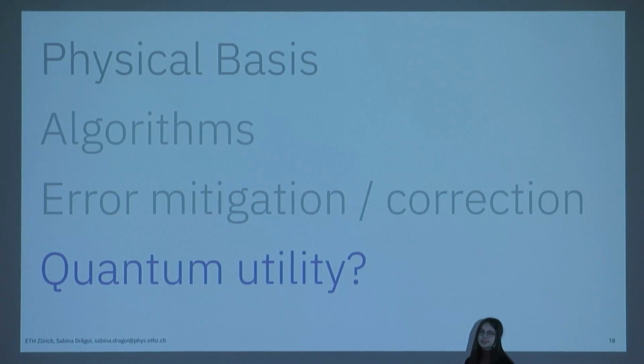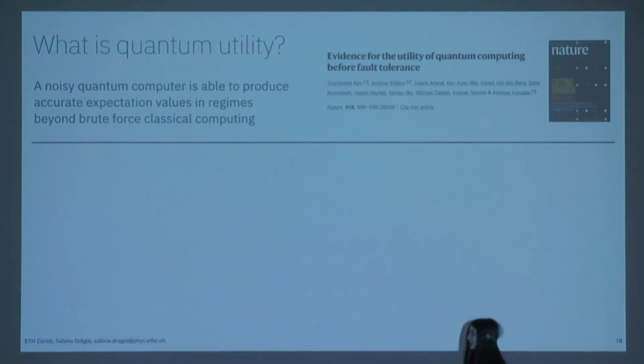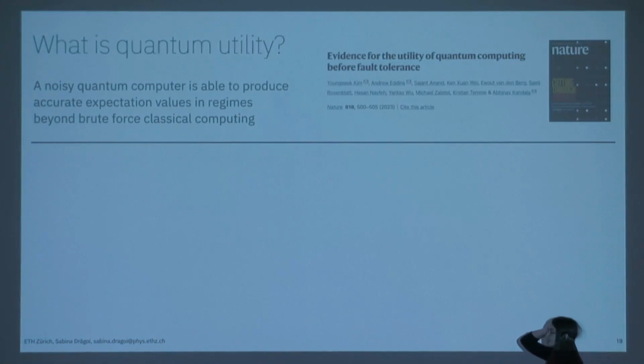Cool. So I think we're ready to talk about quantum utility. I think I have it up a bit much, because the conclusion is not going to be exactly what you would probably want. So what is quantum utility? You might have heard in the past 5 years or so about a paper put out by Google talking about quantum supremacy, or later, quantum advantage.